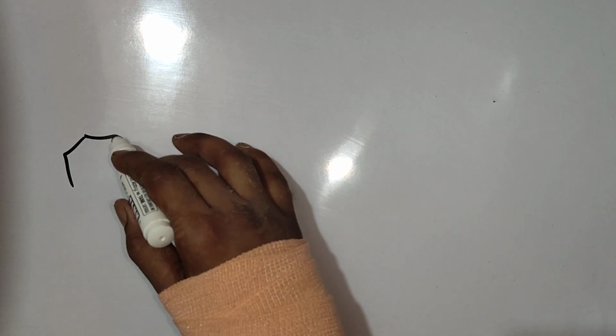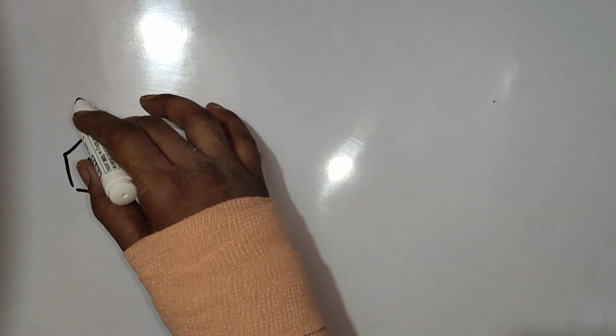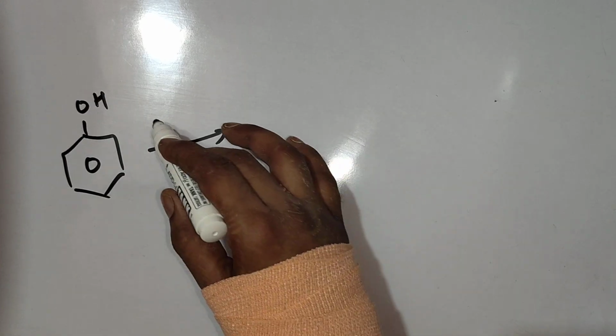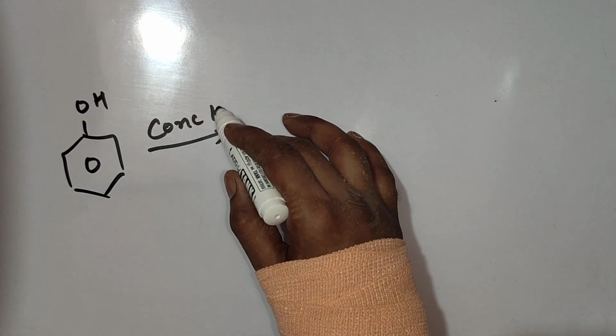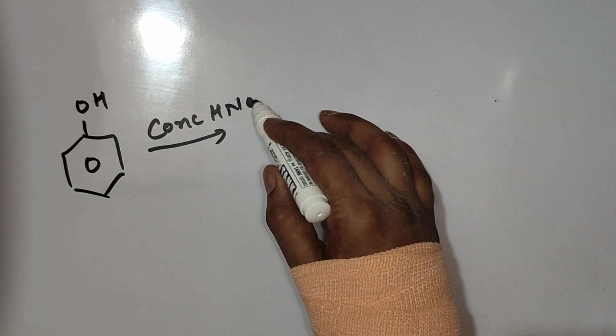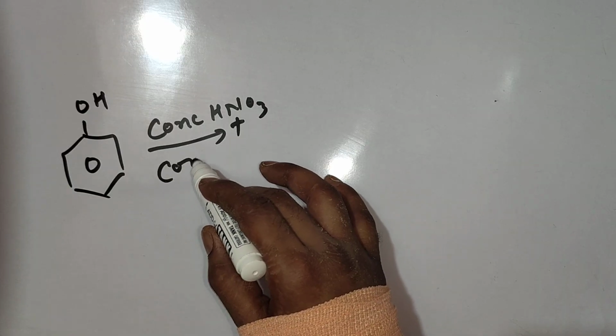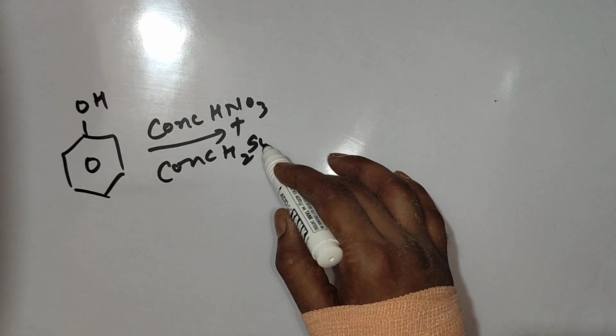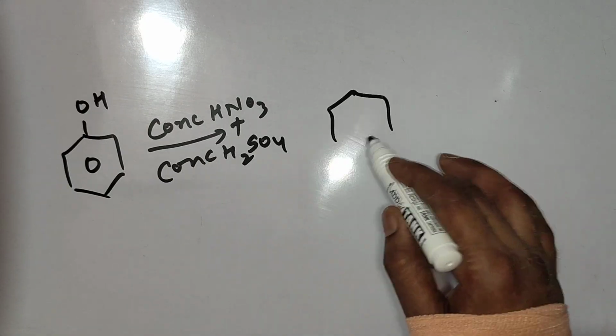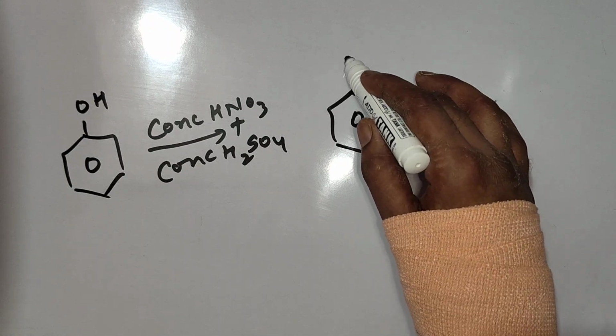Now the point is, what is the problem in this reaction? When we are reacting phenol with concentrated nitric acid and concentrated sulfuric acid, no doubt picric acid is generated as a nitrated product.